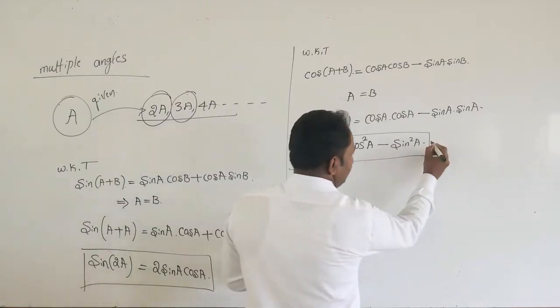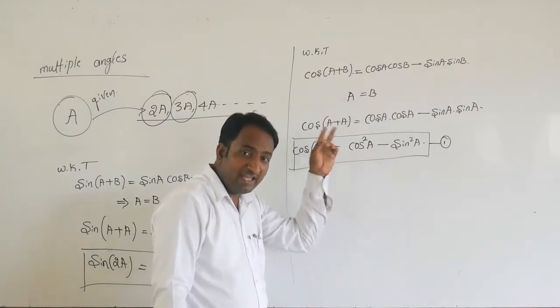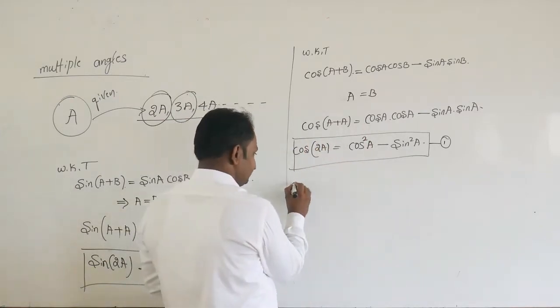From this equation, called equation number 1, we get two more formulas.